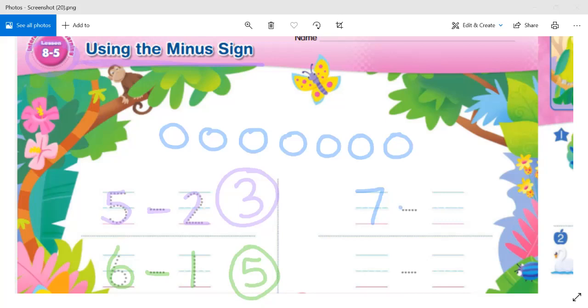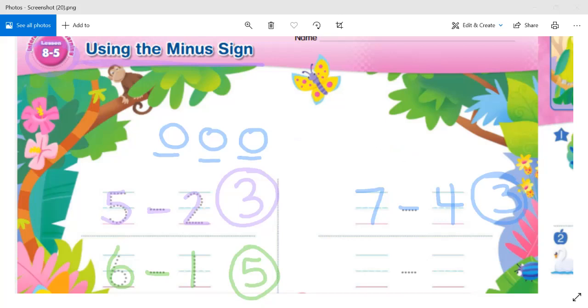So we are going to subtract how many? 4. And over here, we'll remove 4. 1, 2, 3, 4. How many pelicans are there now? 1, 2, 3. So 3 pelicans are left.